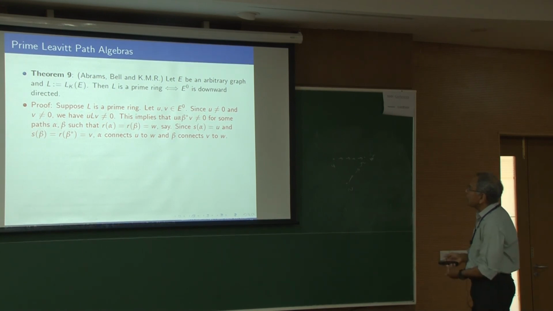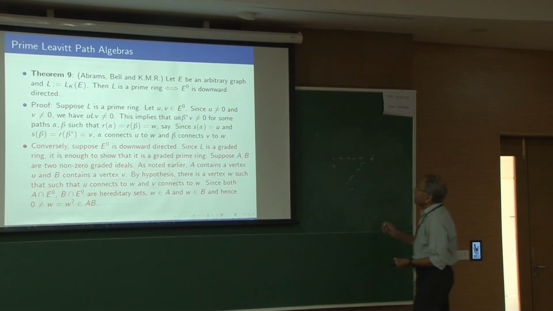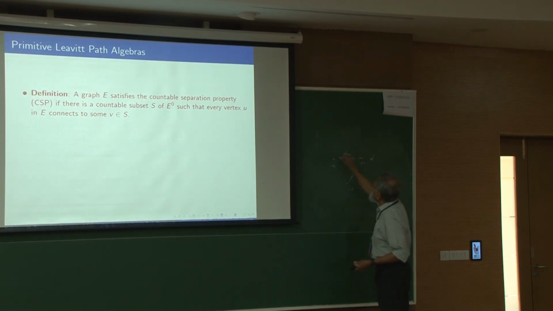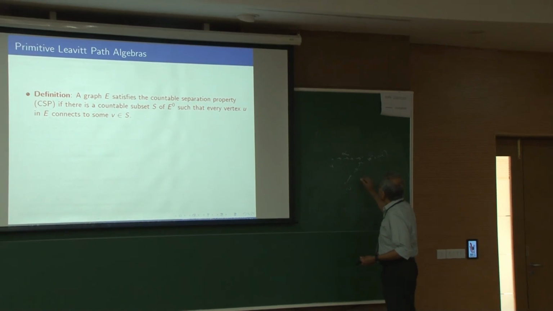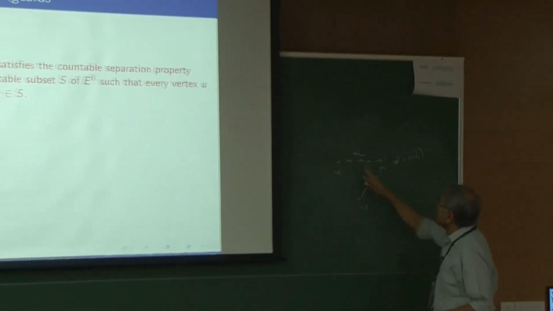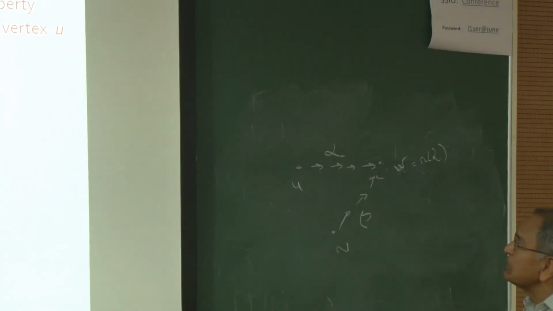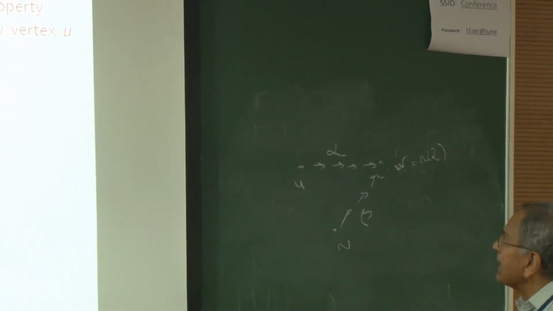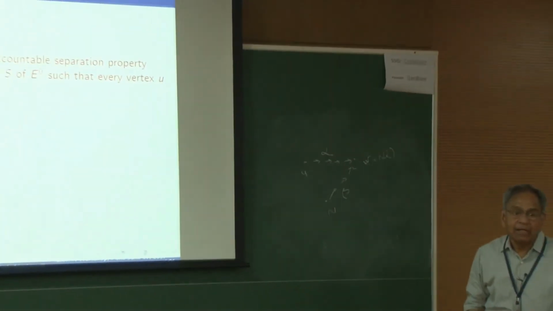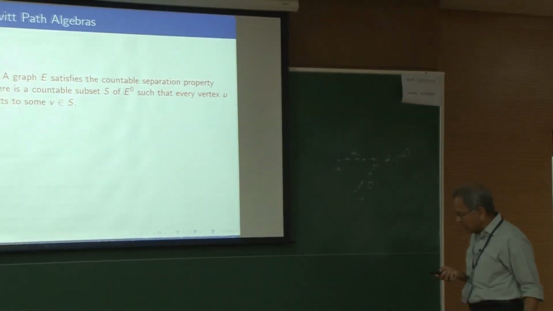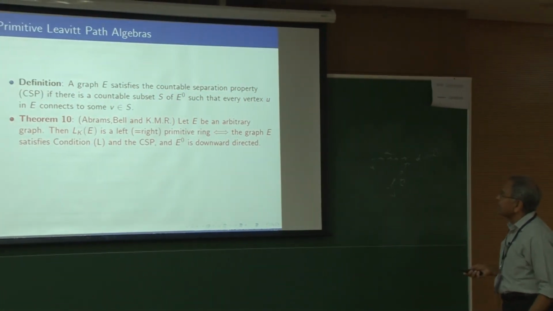So alpha starts with U, beta starts with V, and both end at the same W. Therefore, this is downward directed. So it's a pretty straightforward argument.